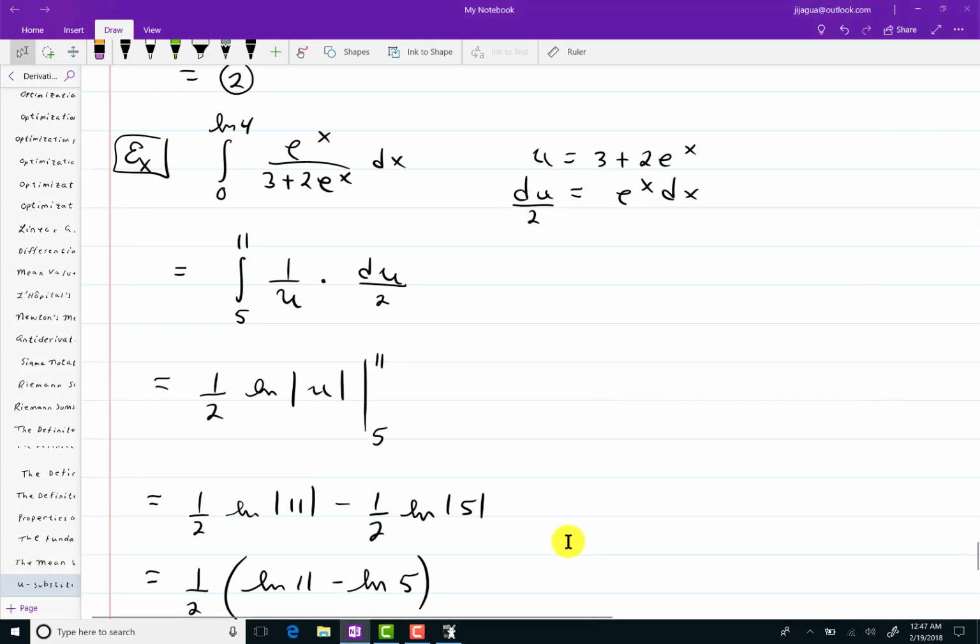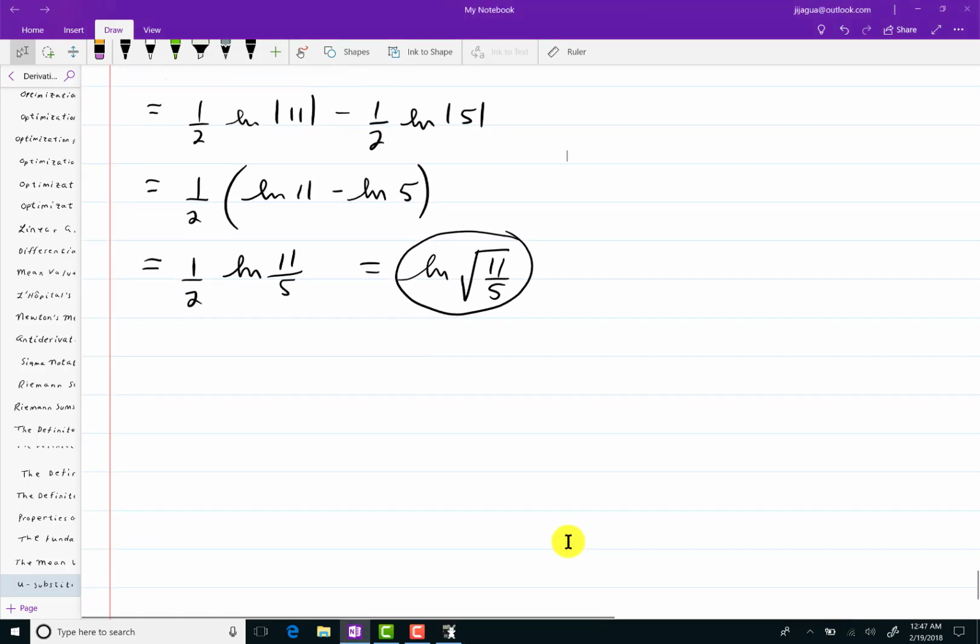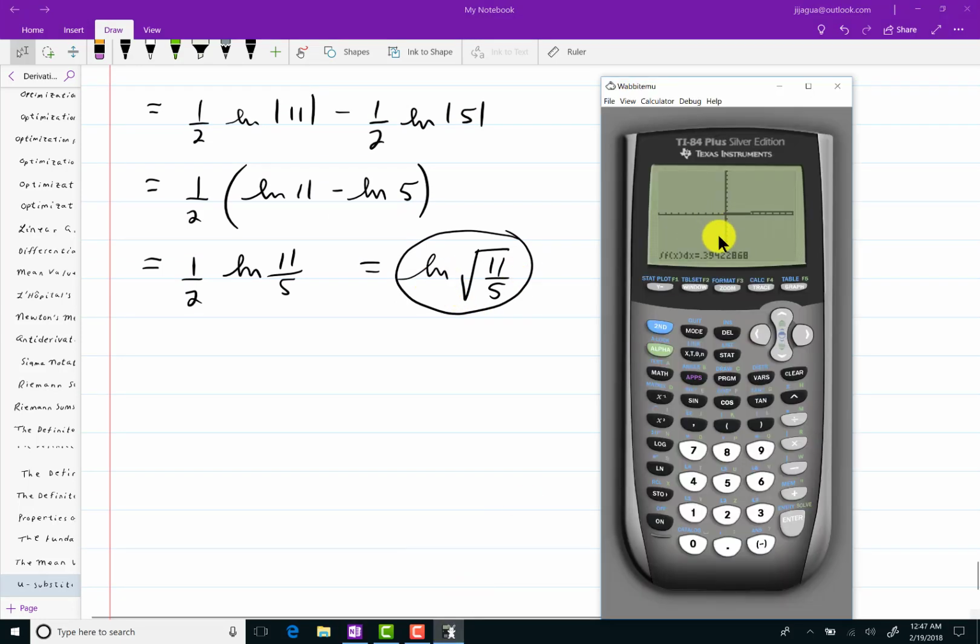Now what I'll do is enter this and see if I get the same number. So remember, 0.394 is the calculator version of the answer. Let me go and do second quit. That'll take me out to the main screen, and I'm going to do natural log.